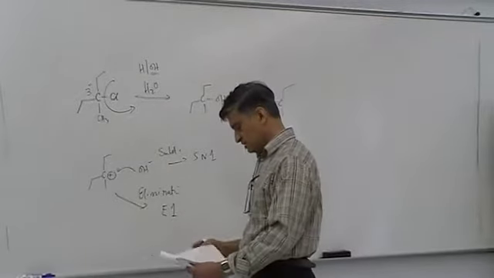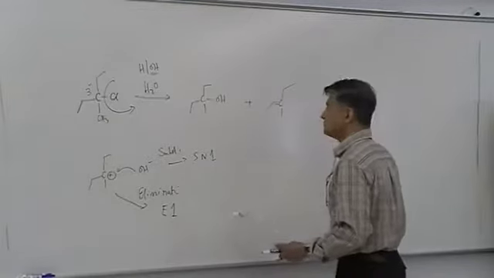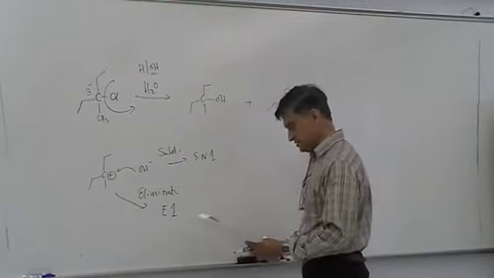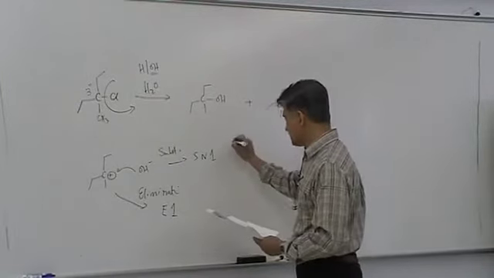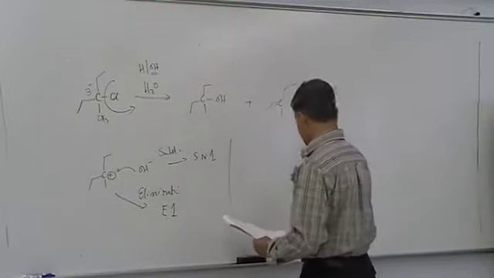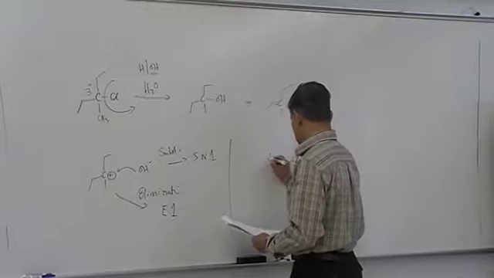So there will be a question like this. Now, I can also give you a mechanism, and I need you to find out what kind of elimination reaction you got. Is that E1 or E2? Let me show you one such mechanism. So this is hydrogen.